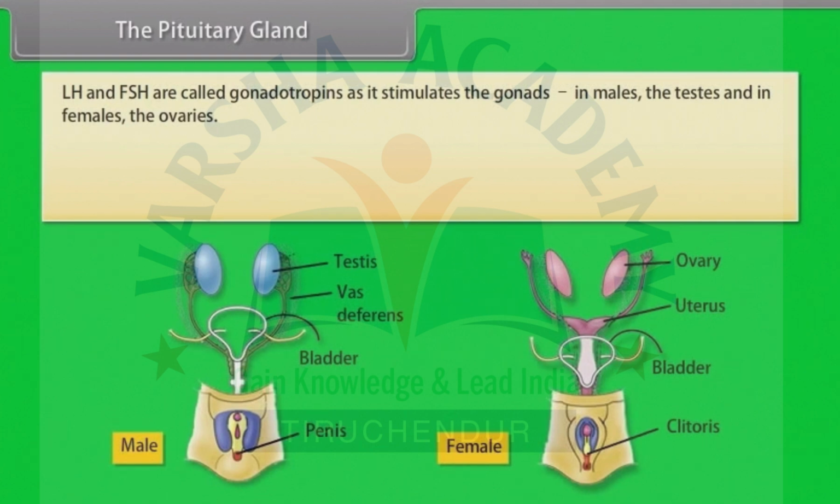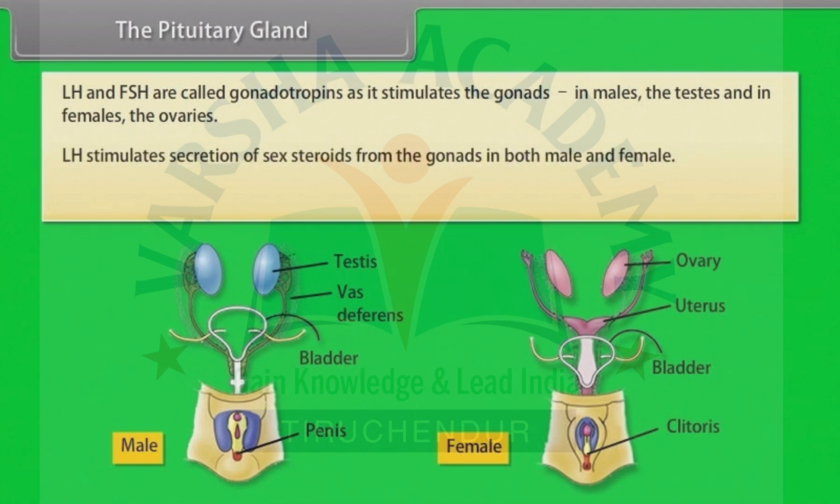LH and FSH are called gonadotropins as they stimulate the gonads, in males the testes and in females the ovaries. LH stimulates secretion of sex steroids from the gonads in both male and female.